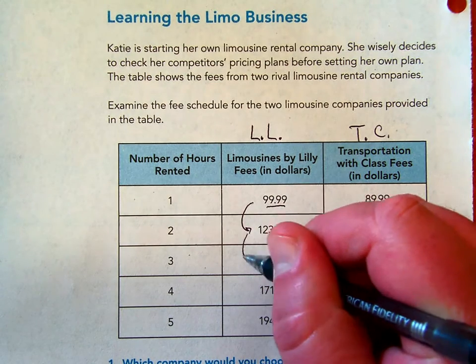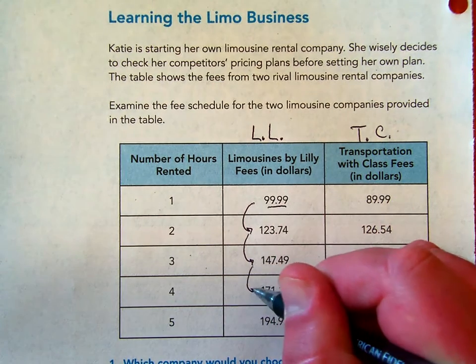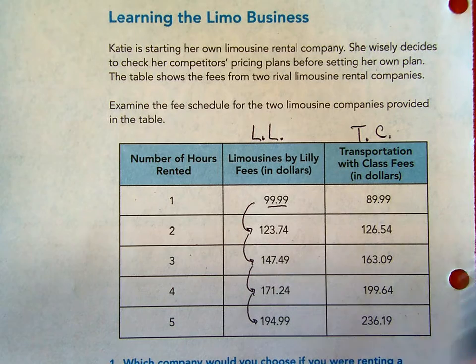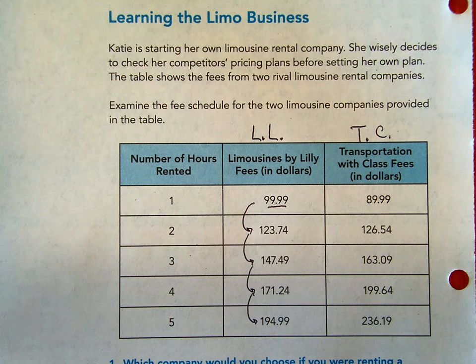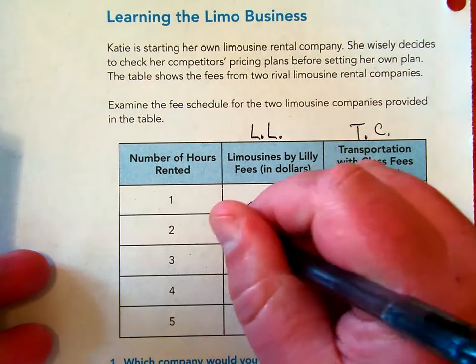I want to see if this is the same rate each time. So I'm going to find the difference between 123.74 and 99.99. I'm using my calculator just because it's friendly, 123.74 minus 99.99. It went up $23.75.